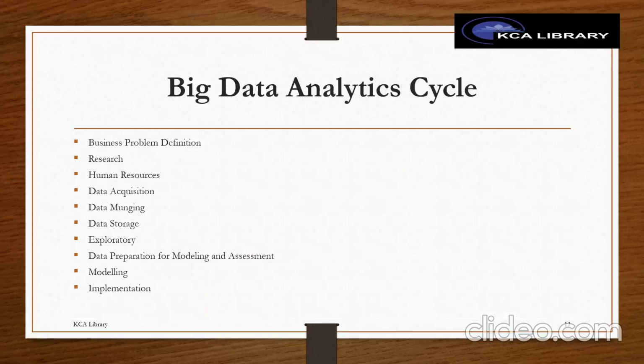So, the big data analytics cycle. Here we have business problem definition. This is all about evaluating the expected gains and costs of the project. Then we have research. This phase analyzes what other companies have done in the same situation, through making research.